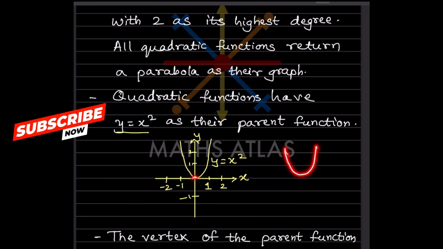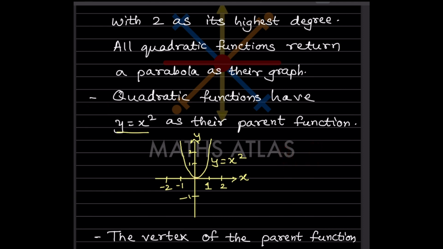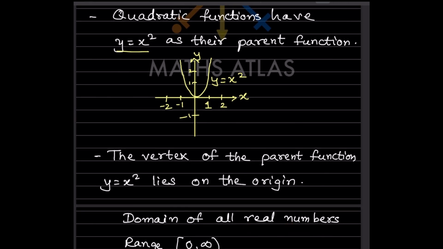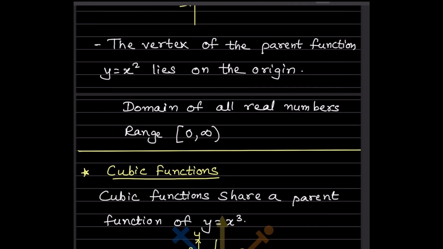Whenever you draw this parabola, this point is called the vertex, and the vertex will always lie on the origin. The domain is all real numbers, that is negative infinity to infinity, and the range is 0 to infinity. Here we write the square bracket, and for the infinity we write the round bracket.